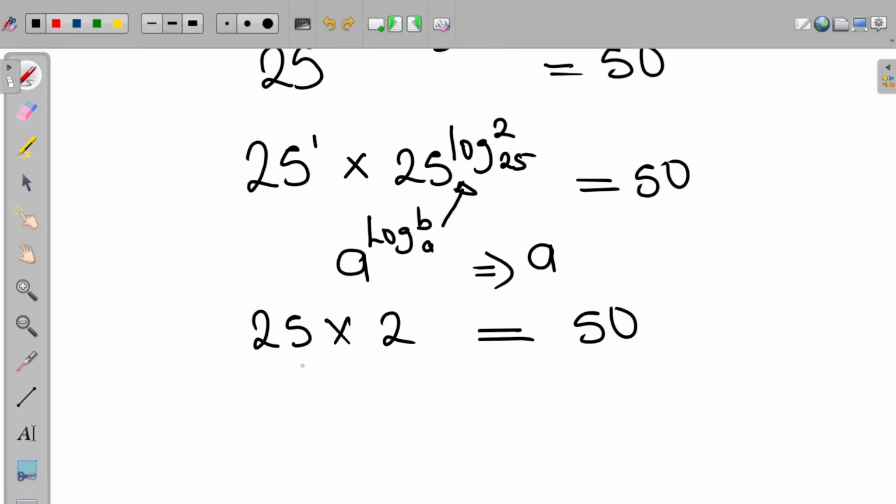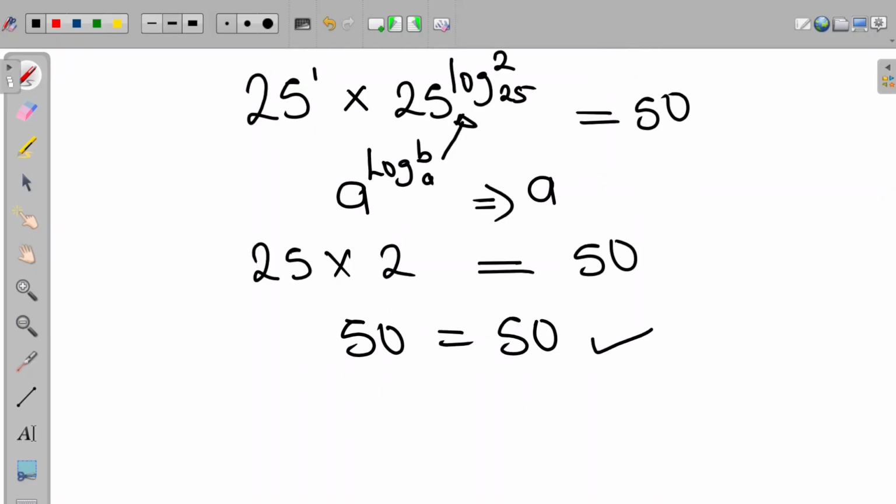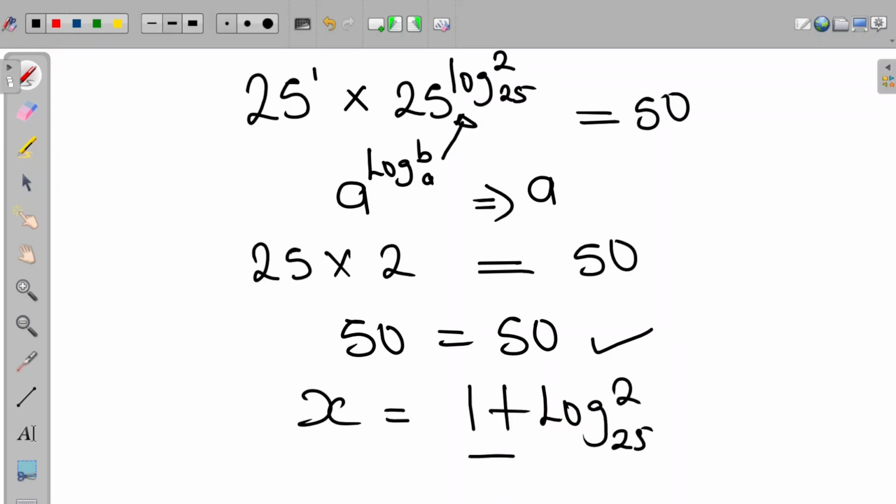So therefore, 25 times 2 is 50. So our solution is correct. Thus, x is equal to 1 plus log 2 to base 25, all divided by 2.